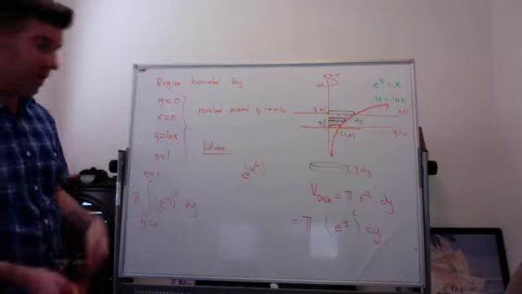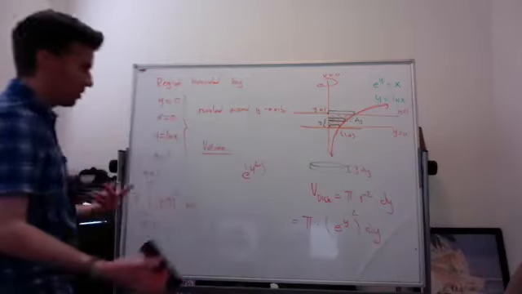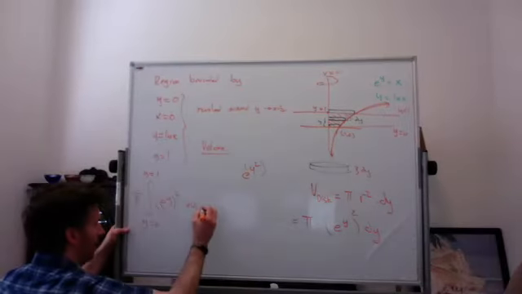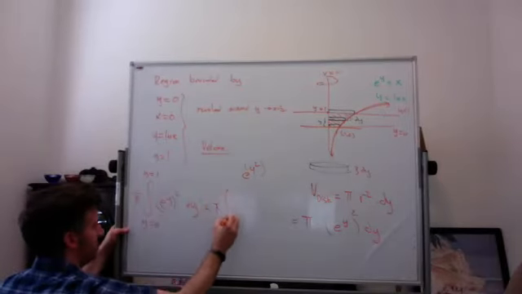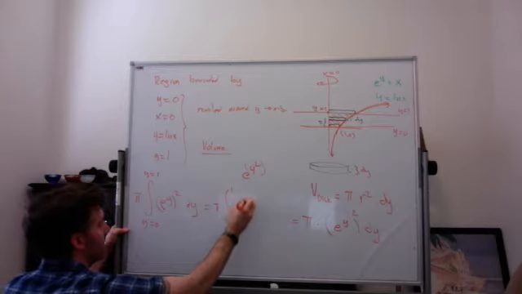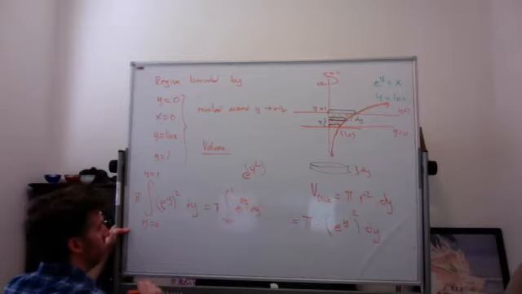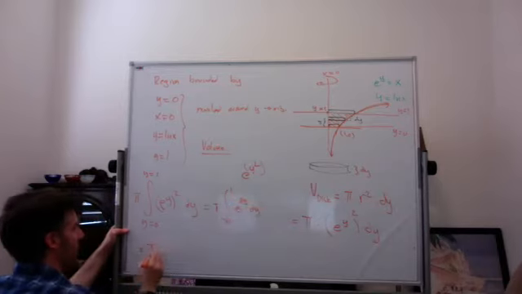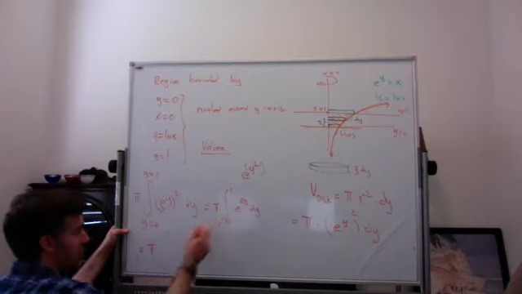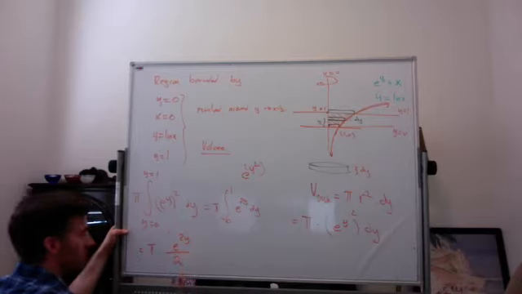to the 2y. So this actually is totally integrable, and we write it as pi times the integral from 0 to 1 of e to the 2y dy. And then we'll do pi times the integral of e to the 2y is e to the 2y divided by 2 from 0 to 1.